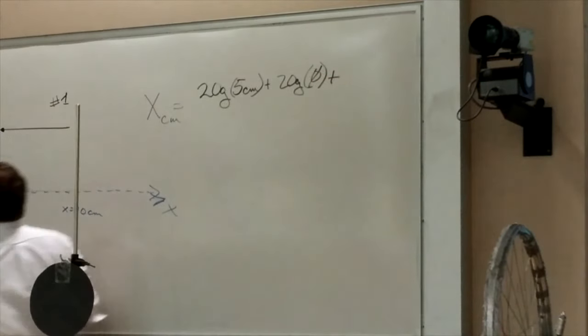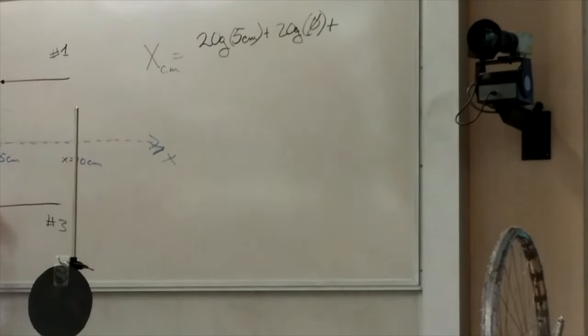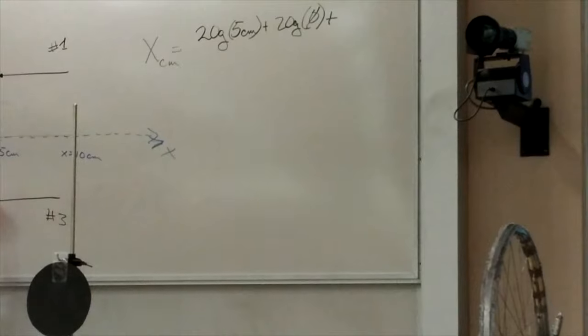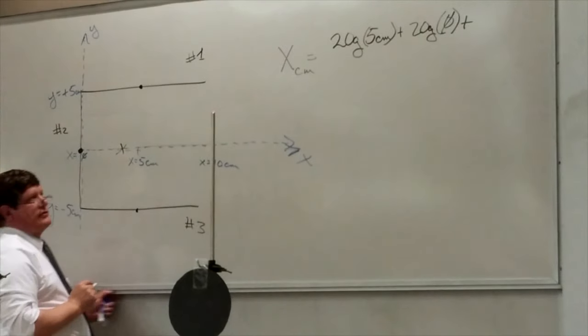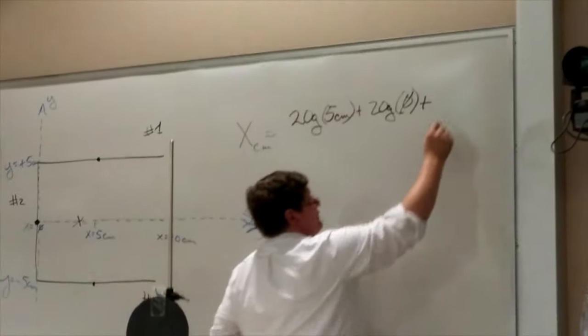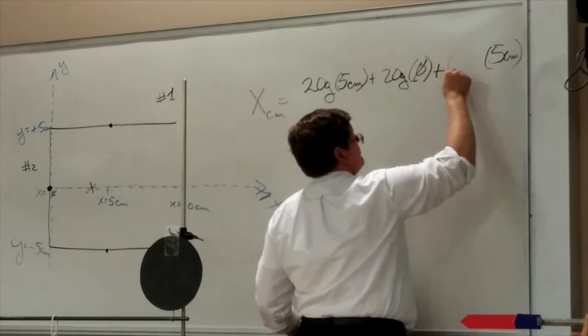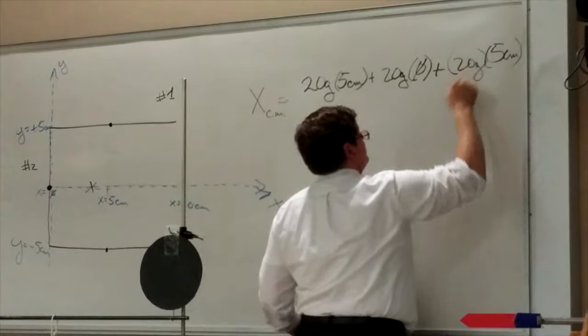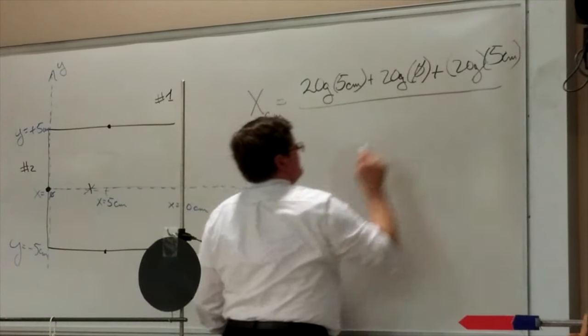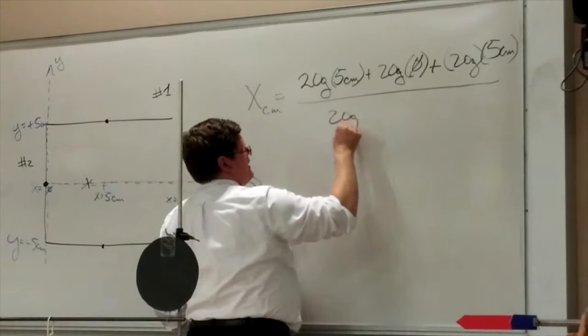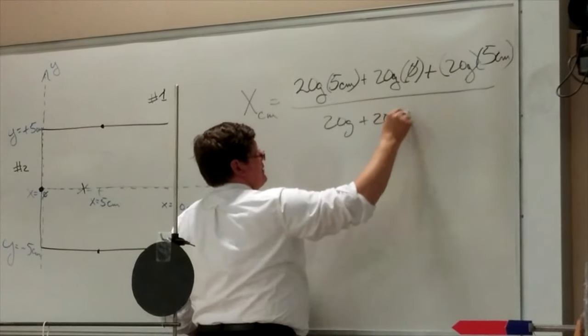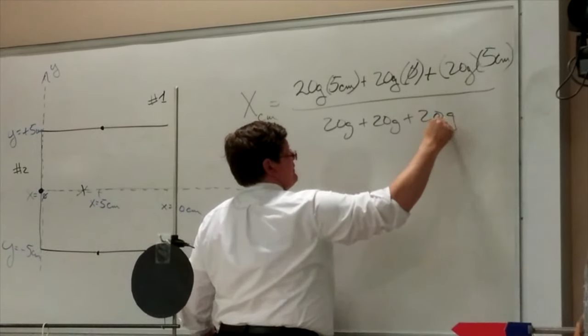And then I would take wire 3, and its center is going to be right there at x equals 5 centimeters. And I would weight it by the 20 grams. And then I would divide by the weighting factors, 20 grams plus 20 grams plus 20 grams.